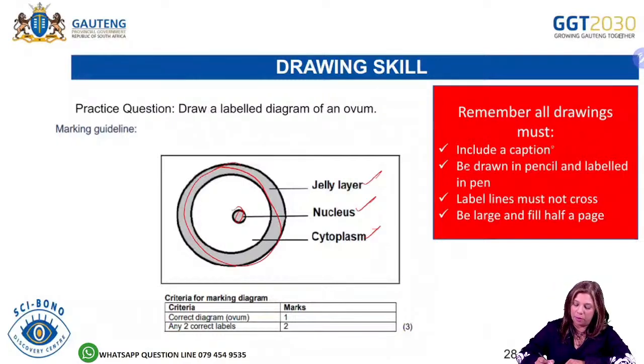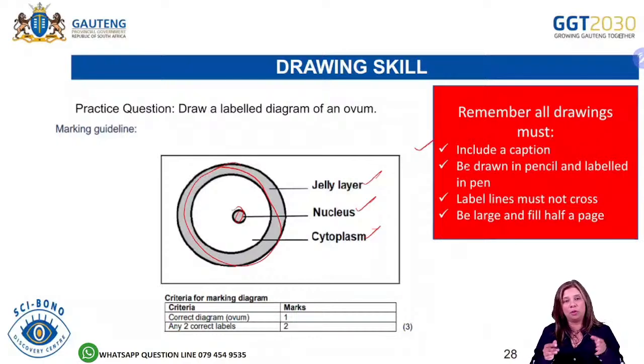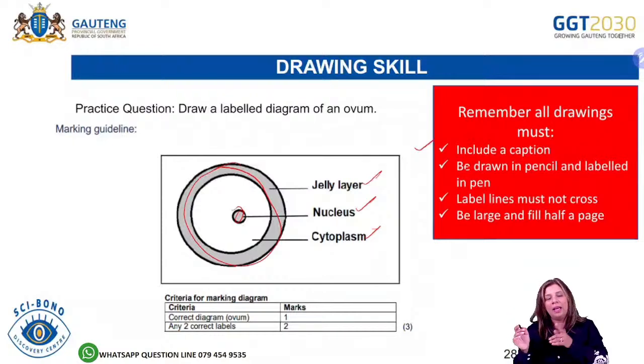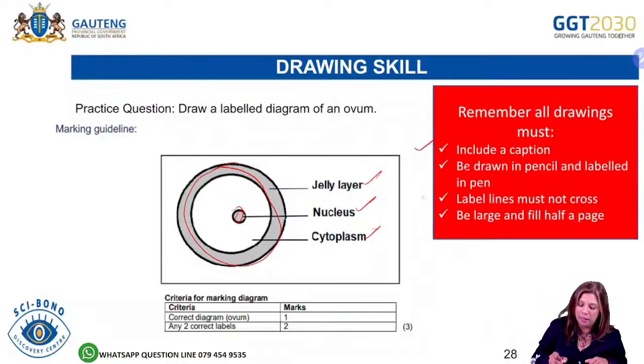You must include a caption, and the diagrams must be drawn in pencil and labeled in ink. So generally, we draw the diagram on the left in pencil and we do the labels on the right. And then very, very importantly, label lines must not cross.